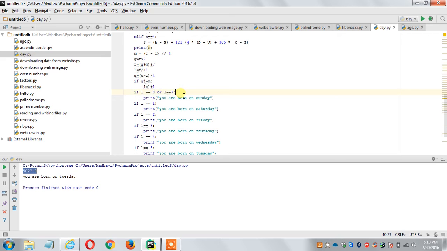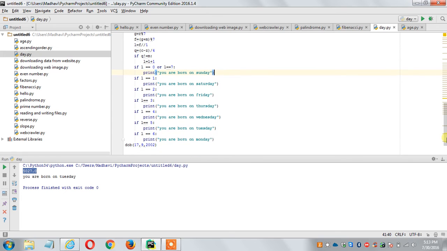So that being said, these are the conditions as I said. If L equals 0, so we are referring to the point of reference as I said in the first or second video, maybe second. Point of reference, if we get a 0 or a 7, it would be a Sunday. I guess that's pretty clear because you divide it by 7, you get a Sunday. I mean, you get a 0, then it's a Sunday because Sunday to Sunday is 7 days or 0 days.